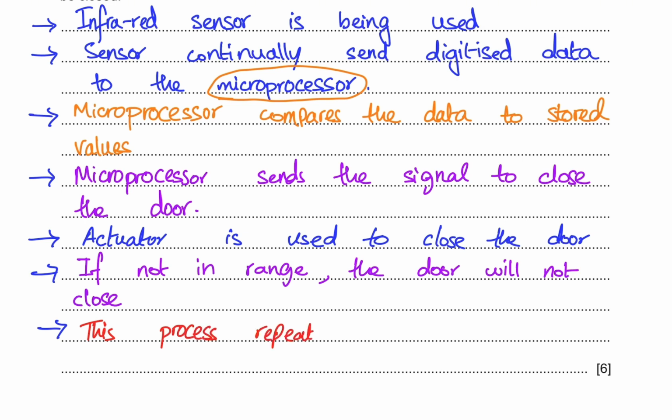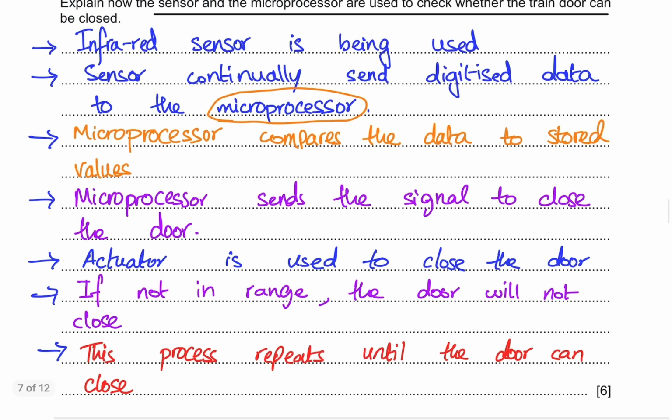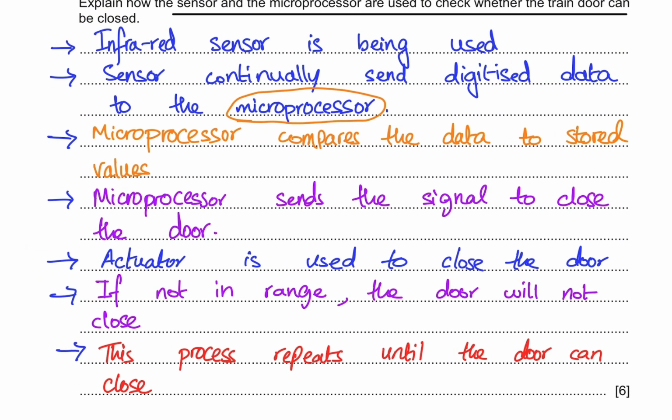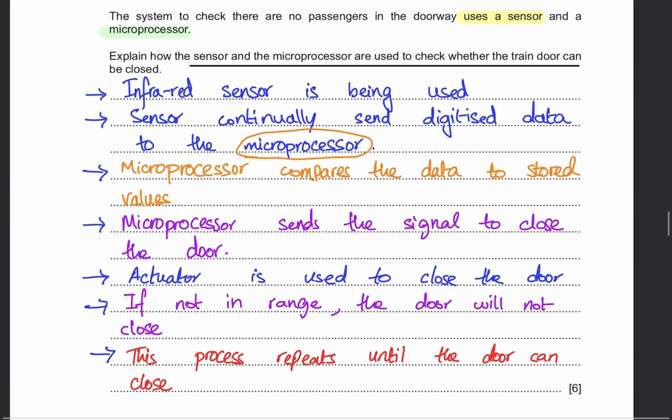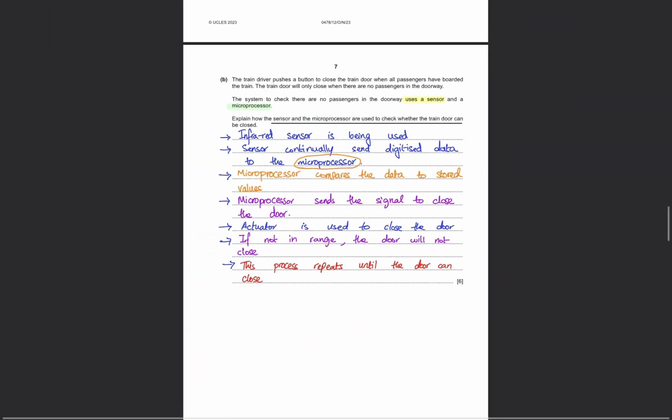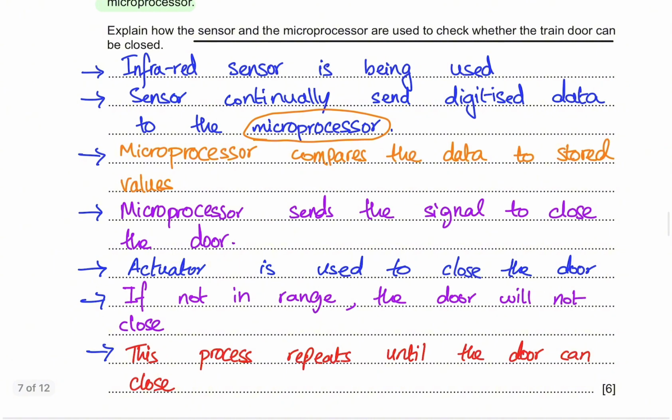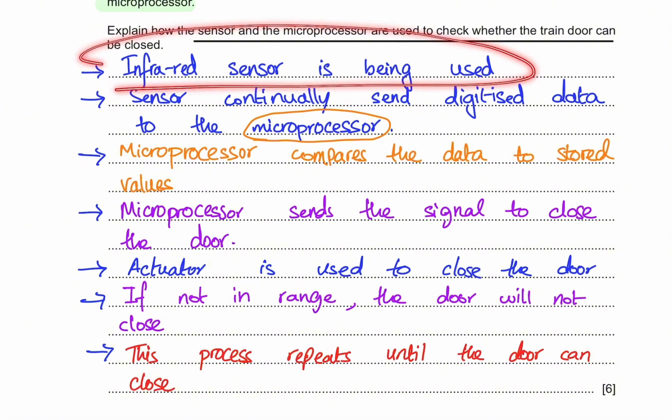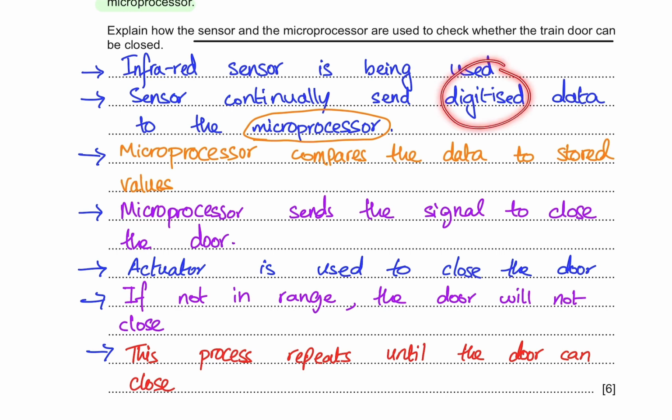Now I think it makes sense. I wrote 7 points. They all make sense. First, an infrared sensor is being used. The sensor continuously sends data, which is digitized, to the microprocessor.